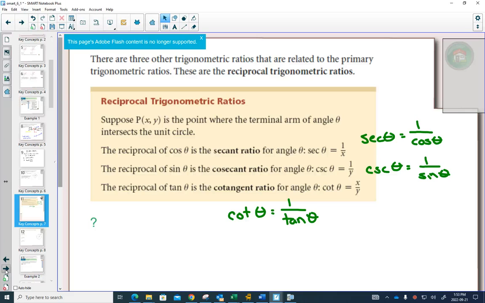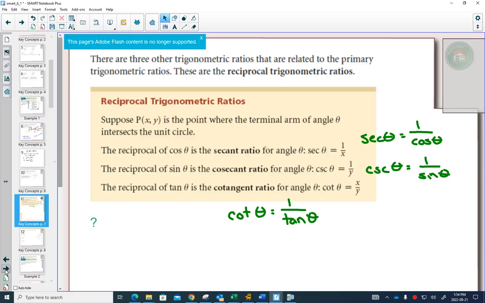How are you going to remember that secant goes with cosine and that cosecant goes with sine? Don't you kind of wish they did it the other way? That cosecant would go with cos? But it doesn't. Just so maybe you remember that they're opposites, right? Secant starts with an S, so it has to go with cosine because it doesn't start with an S. And cosecant starts with a C, so it has to go with sine, which starts with an S. Somehow you're going to have to remember these definitions of which ones go with which.